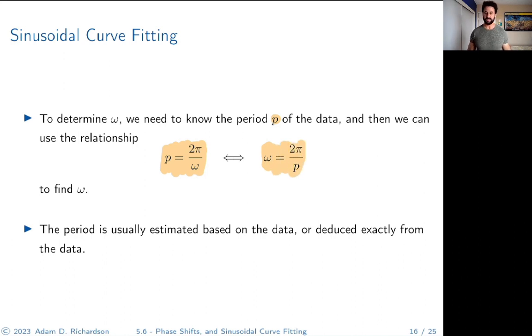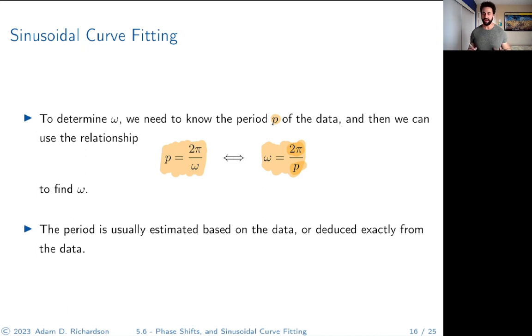So omega is basically the period of the sine function divided by the period of the data that you've got. And if you think about that for a few minutes, that makes a lot of sense, right? Because omega is some scalar that changes the period of the function, the model. And what we're saying is scale the period of the sine function by the period of our data, and then that'll be the factor omega that you need.